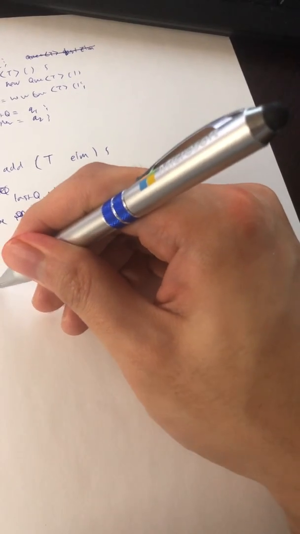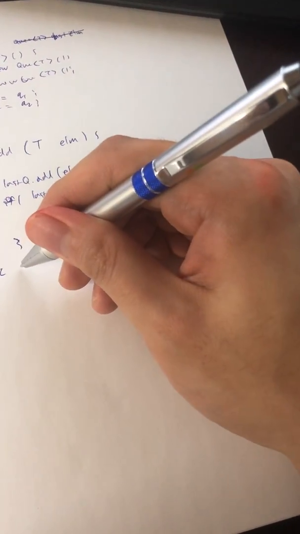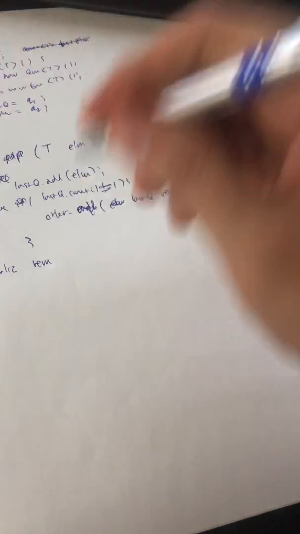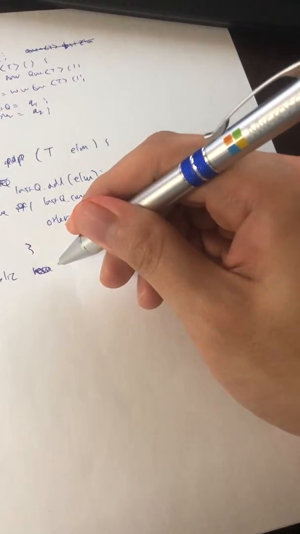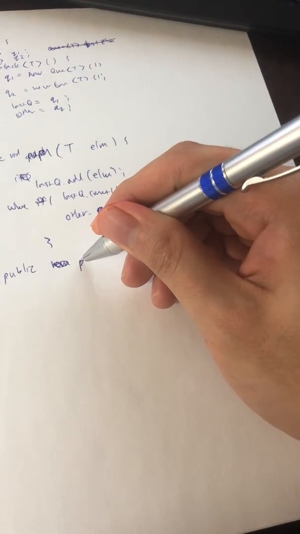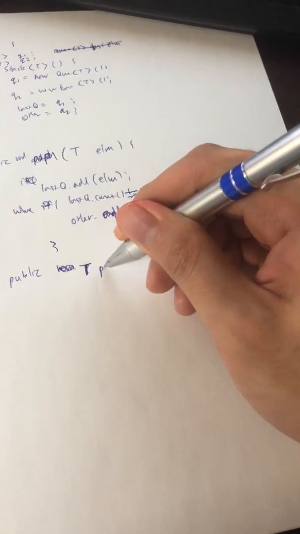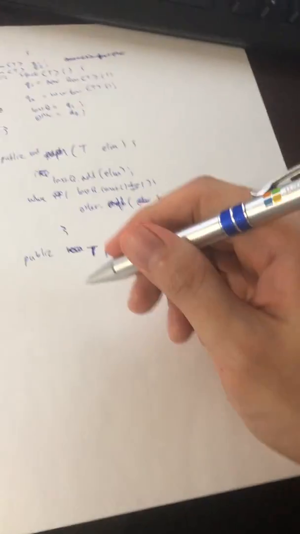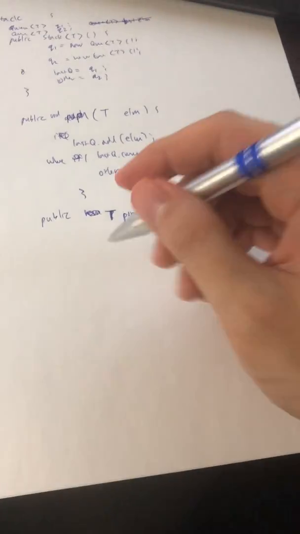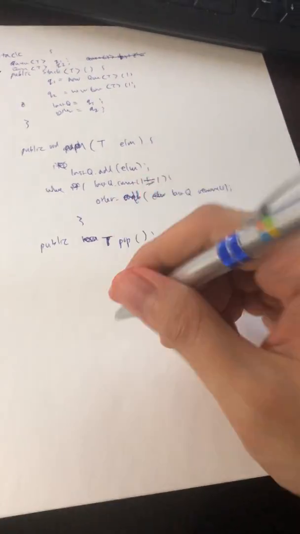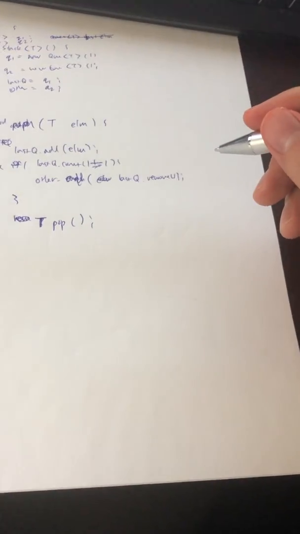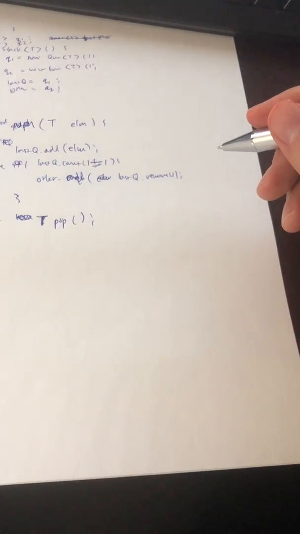Okay. So public remove. Actually, that should have been push. And I'm going to do public T pop. So in the end, I'm going to return the last element, but then I have to do something after I pop it.